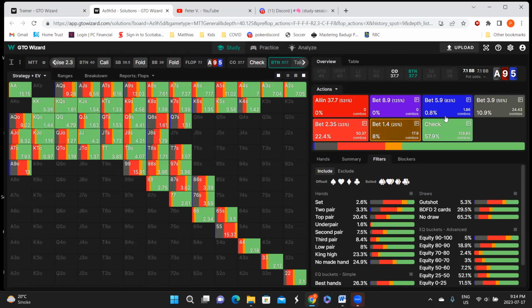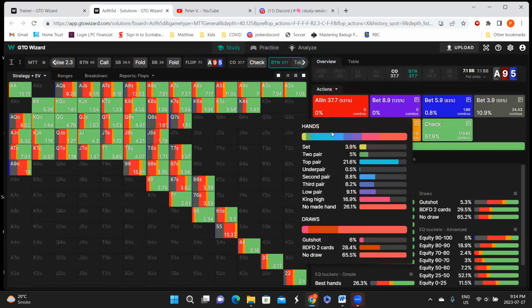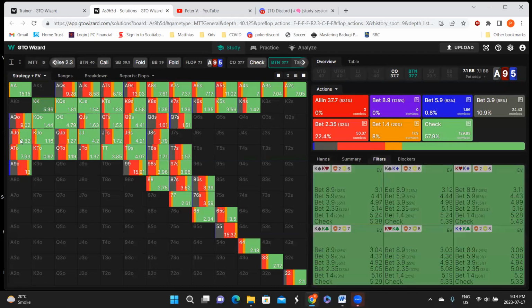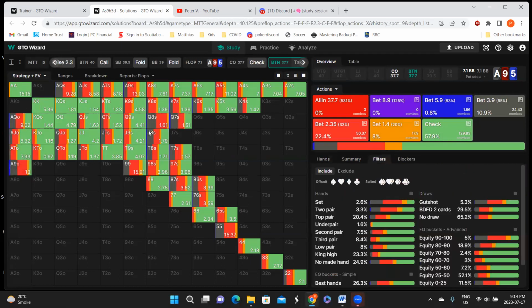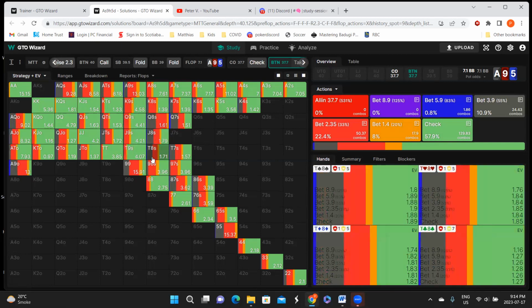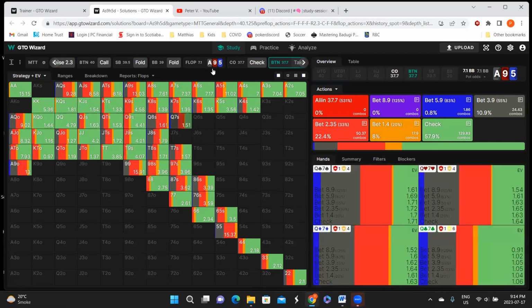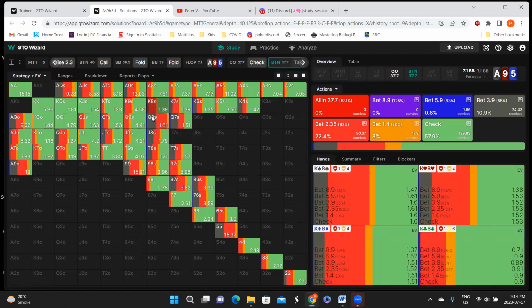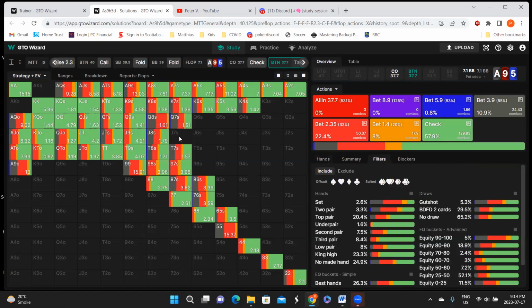So we're betting our best aces for value. We're betting a lot of 9s, we're bluffing a lot of 8s and 7s because of the interaction between the 9 and the 5. So you can barrel when the opposite card comes.